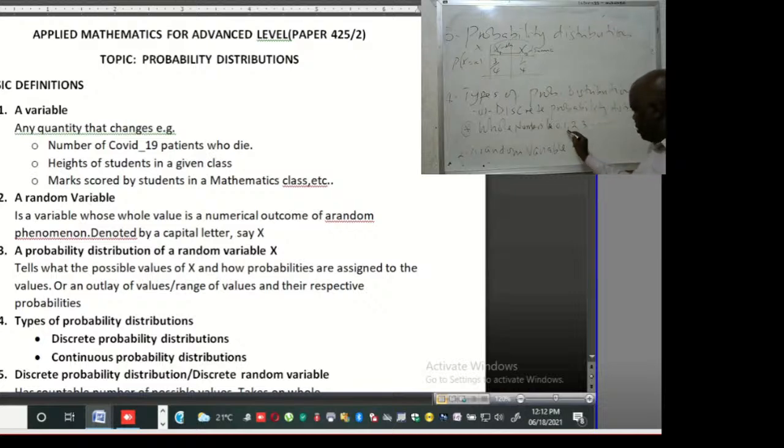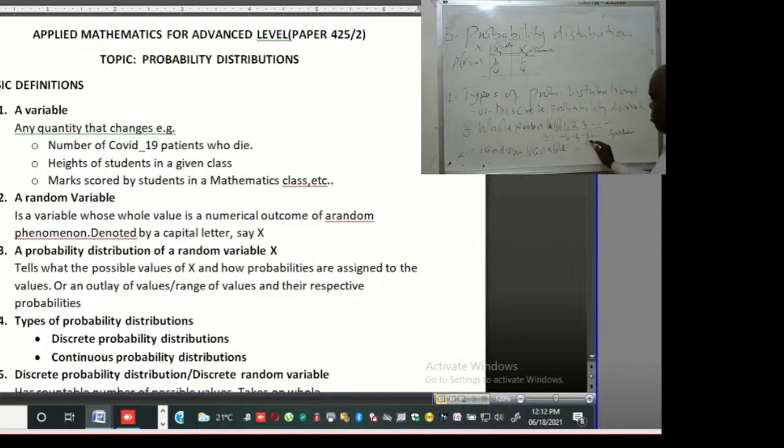It can also take on counting numbers from basic mathematics. 0 is the first whole number. It takes on whole numbers without decimals. Or it can take negative integers like -1, -2, -3, but also without decimals.